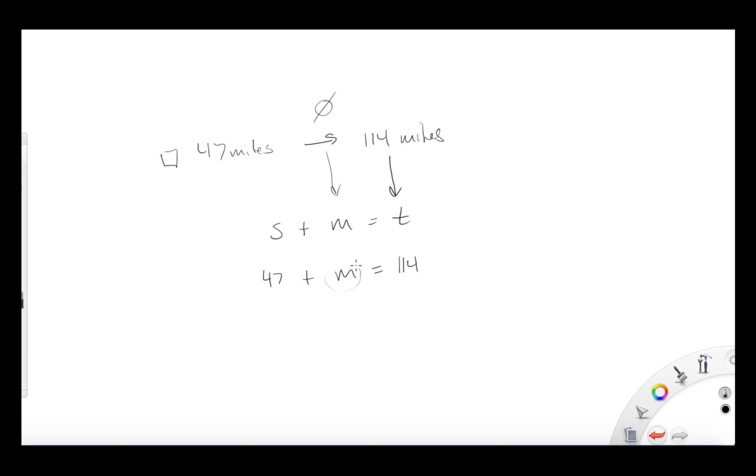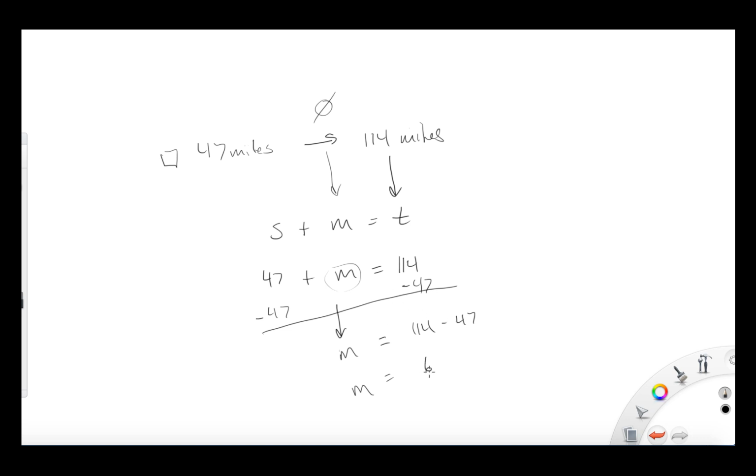Well, how do you get m by itself? Well, in algebra, what we do is we subtract that number from both sides. When we subtract it from both sides, we have m equals 114 minus 47.